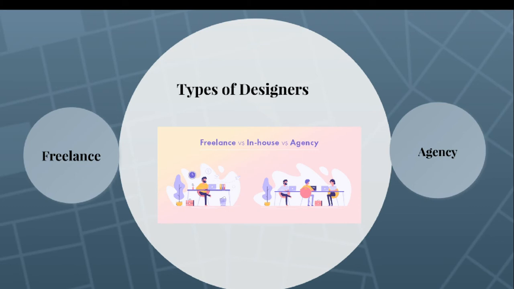And that is completely correct. We are visual communicators, but there are different types of graphic designers, just like there are different types of graphic design. So from all of the research I've done and what I've learned so far, there are actually only 3 types of graphic designers, but one type actually has 2 subtypes within it.